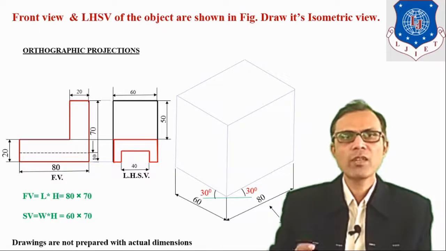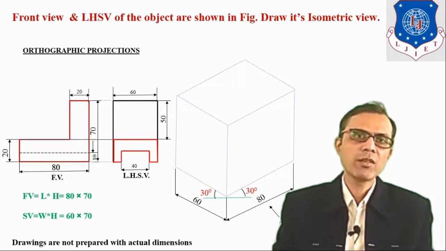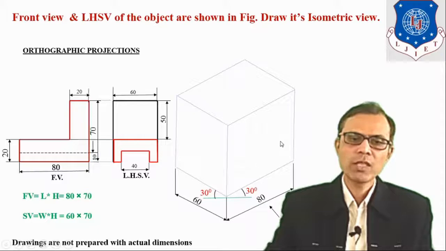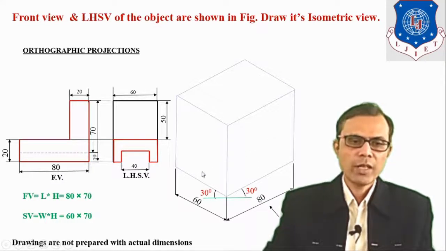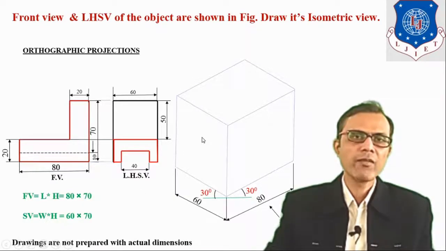So it is a block in which we have to draw the isometric view of the given object. Now it is a plane where we have to draw the front view, and from this left hand side, it will become the plane from where we can see the left hand side view.